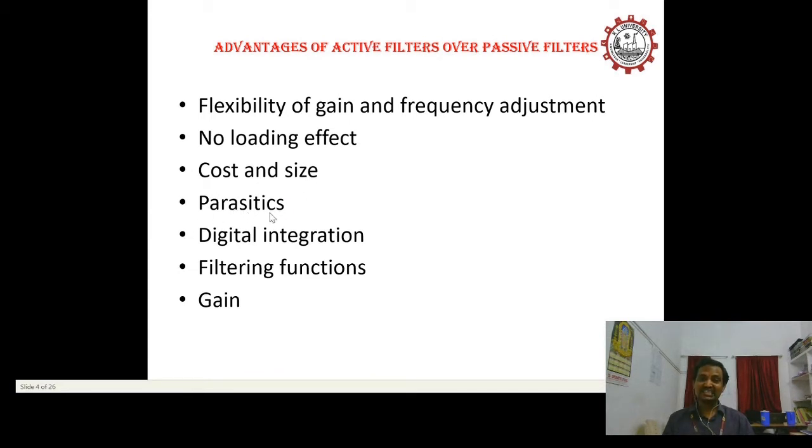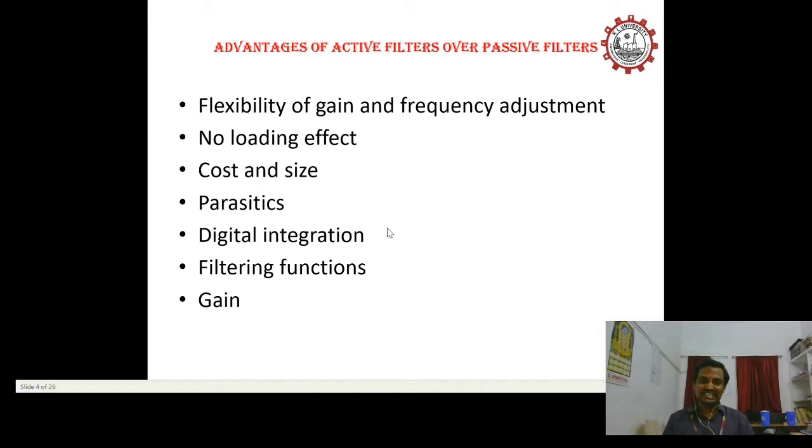In passive filters we use resistors, inductors and capacitors. Suppose we consider an inductor: our aim is that it should have some inductance value, but along with the inductance it also has some unwanted capacitance or unwanted resistance. That type of effect is not there in an active filter.